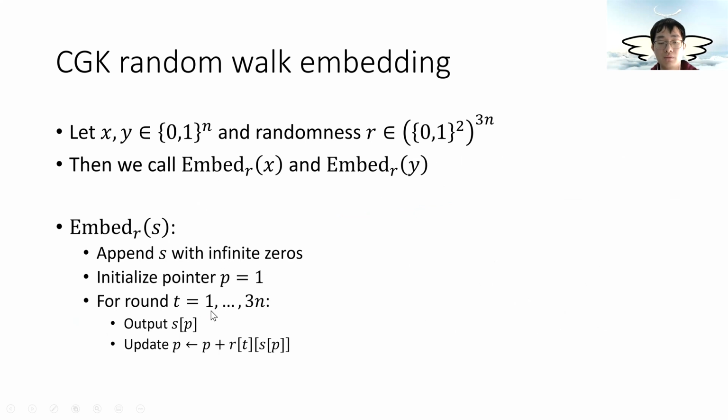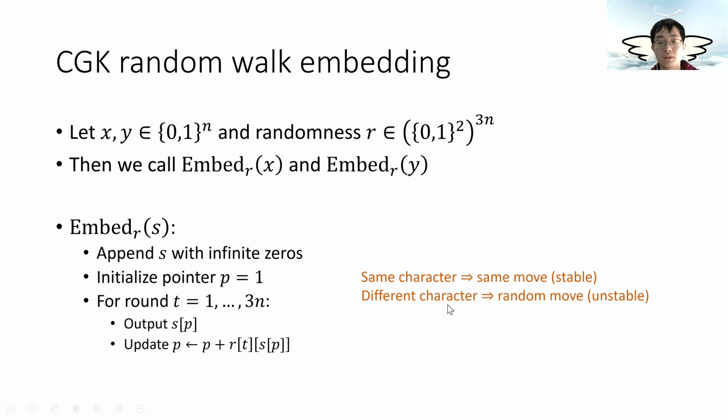For each round from 1 to 3n, we first output the character that the pointer points to, and then update the pointer by the value of the randomness tape, which decides whether to stay or advance. This means if we point to the same character, then the pointer will make the same move, which is a stable situation. On the other hand, if the pointers on x and y point to different characters, then it will incur a random move, which is an unstable situation.